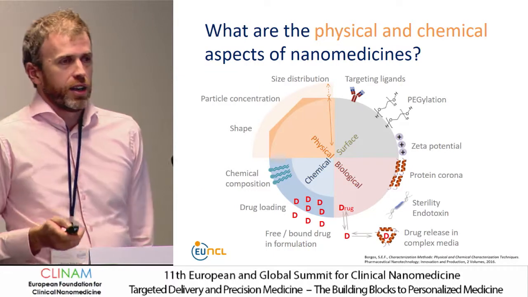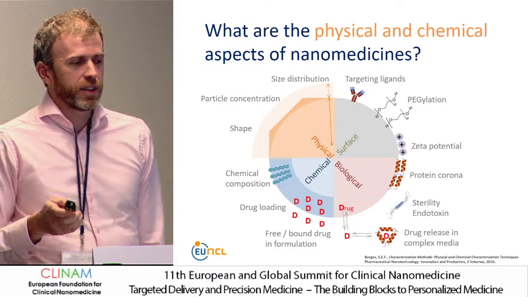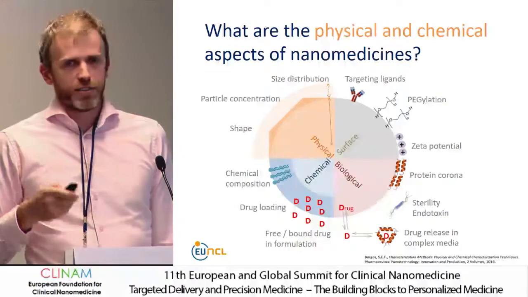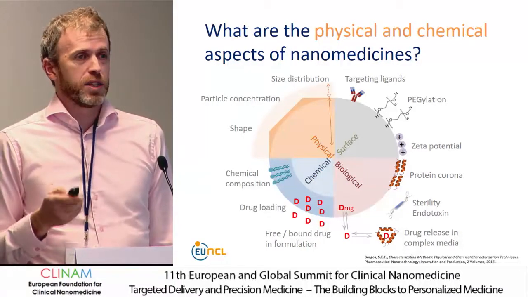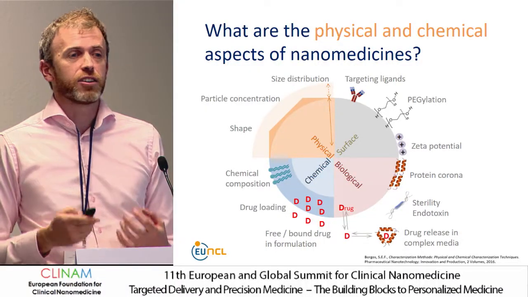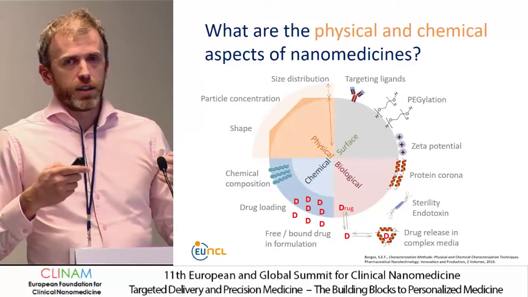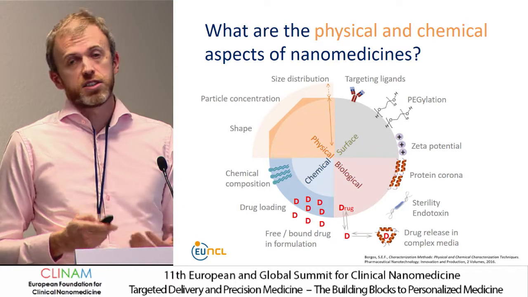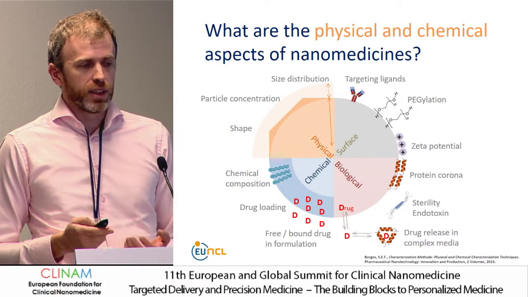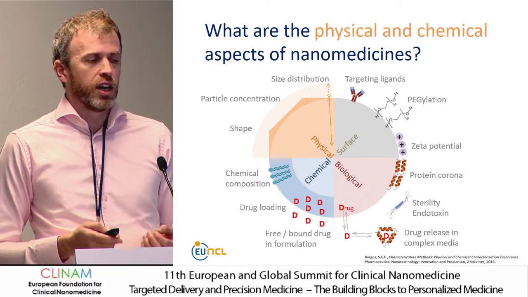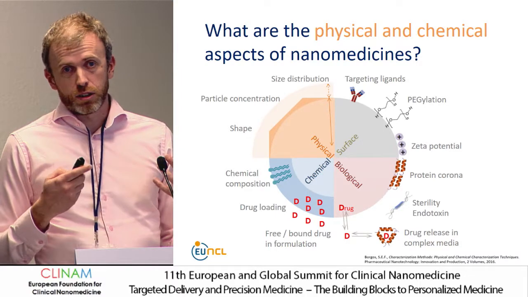As I'm sure most of you are aware, there are a range of physical and chemical aspects of nanomedicines that are defining and that are interesting to look into. There are the purely intrinsic physical properties like size and shape. There's surface modifications. And then there's the chemical composition.